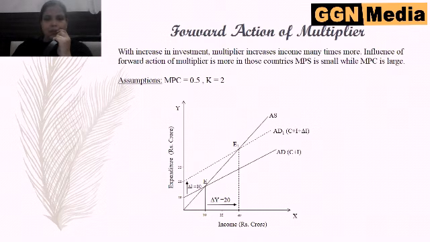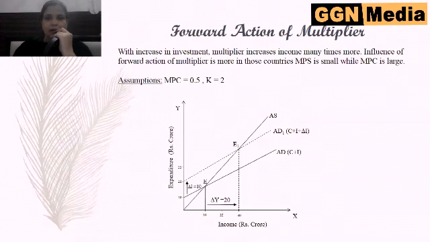Then we'll draw aggregate demand AD, which is the summation of consumption and investment. It will never start from origin because consumption can't be equal to 0. It means even if the income of any person is 0, even the unemployed person is taking something, the consumption can't be 0. So aggregate demand will always start from above the point of origin.